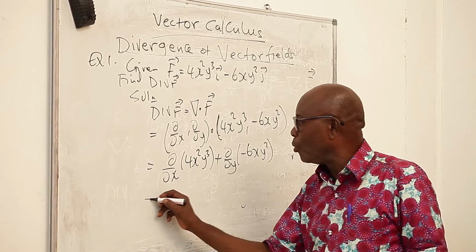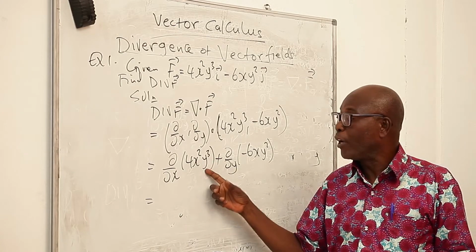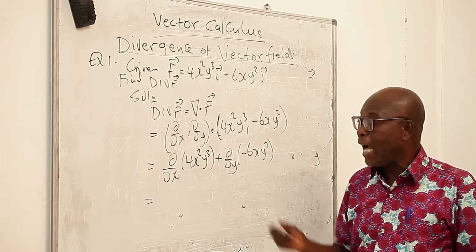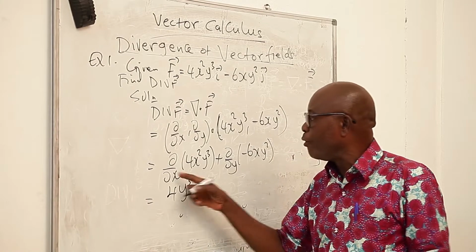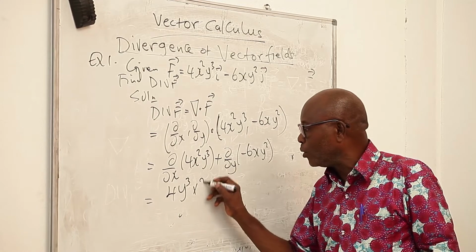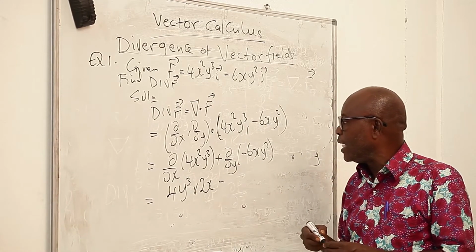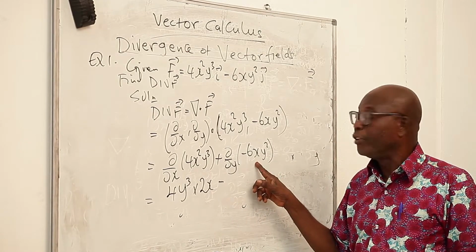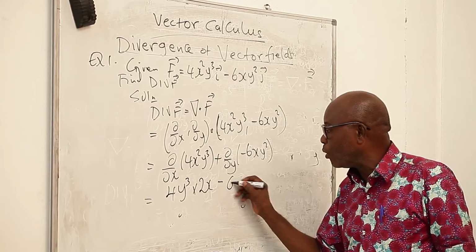And so now I'm going to differentiate this function, 4x squared y cubed, with respect to x. Like we learned earlier on, 4 and y cubed are constant, so we bring the constant, 4y cubed, out. If you differentiate x squared with respect to x, you're going to have 2x. Now, differentiating the second function with respect to y, it means 6 and x are constant, so you can bring the constant out.